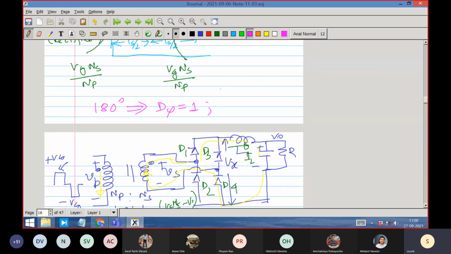And time-wise, the time t phi is equal to 1 into TS by 2. That will be the time that the phase shift will make. 180 degree corresponds to d phi is equal to 1. Take it that way.